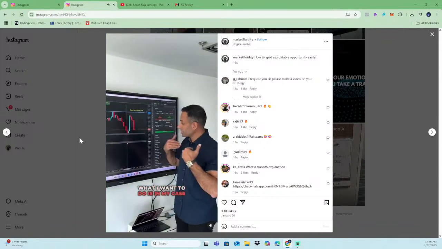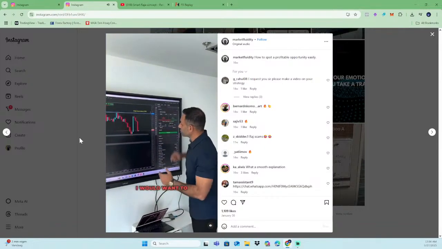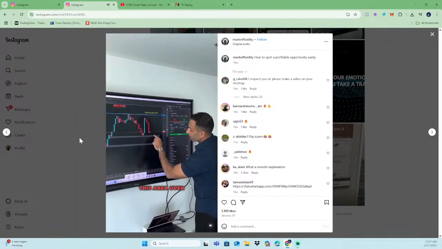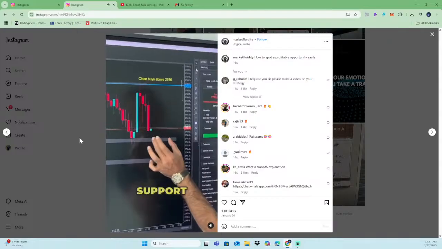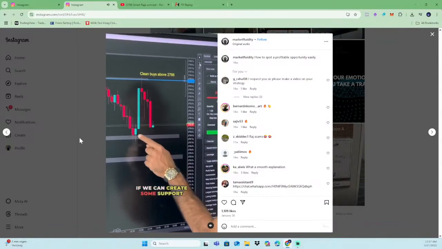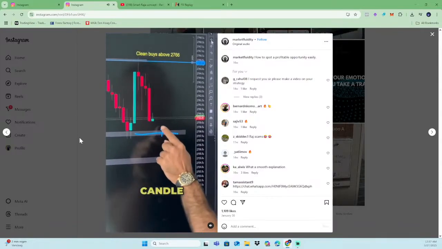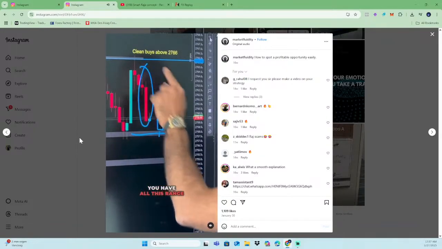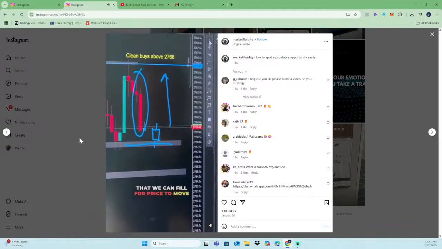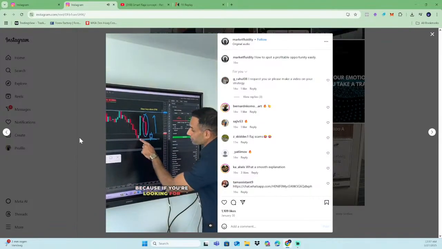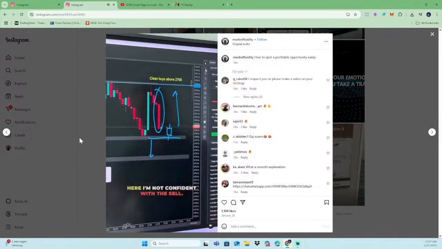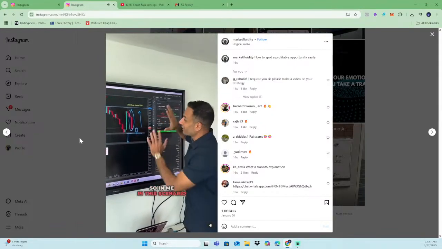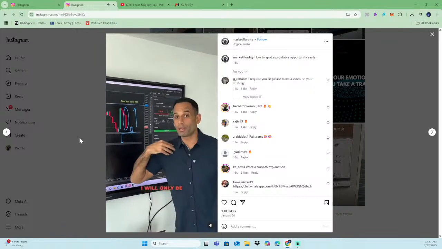What I want to do, in my case, is see if we can reject this area over here or create some sort of support, because if we can create some support right here with the candle closing bullish, you have all this range that we can fill for price to move up. Because if you're looking for a sell here, I'm not confident with the sell. I wouldn't want to execute a sell right over here. So in this scenario, I will only be looking at buys.